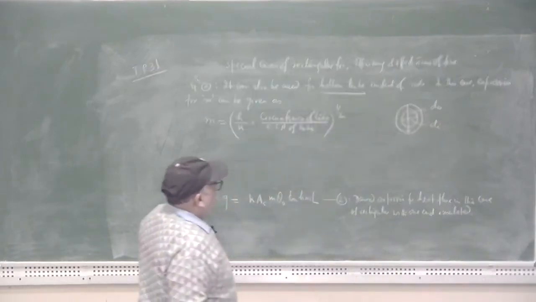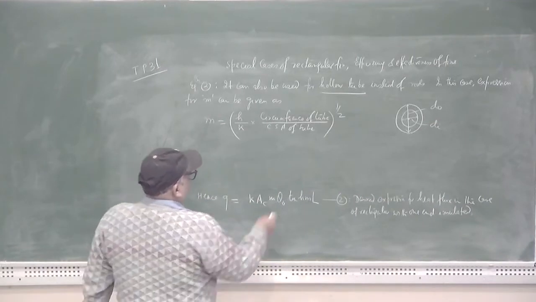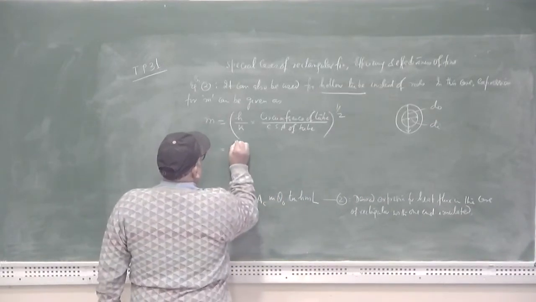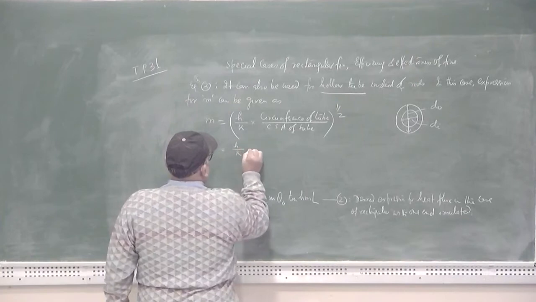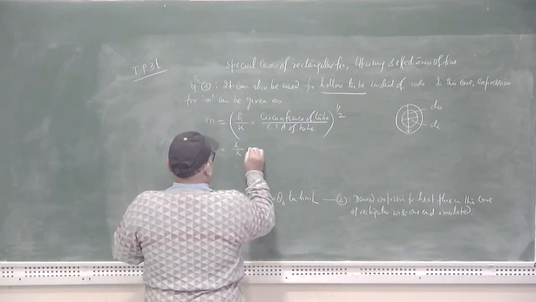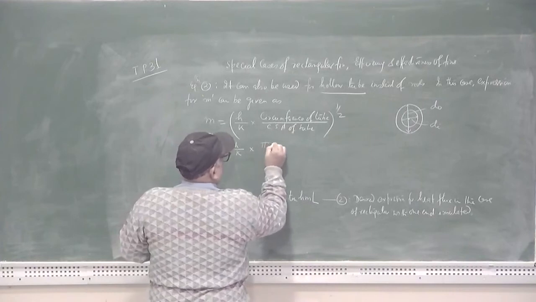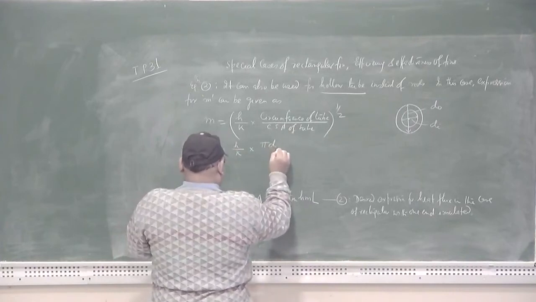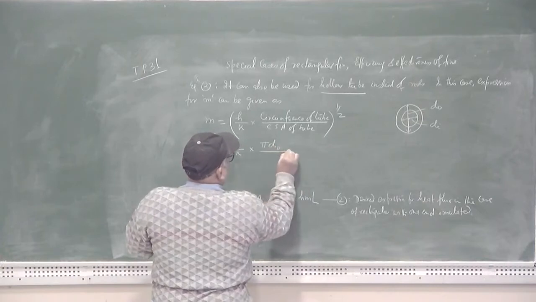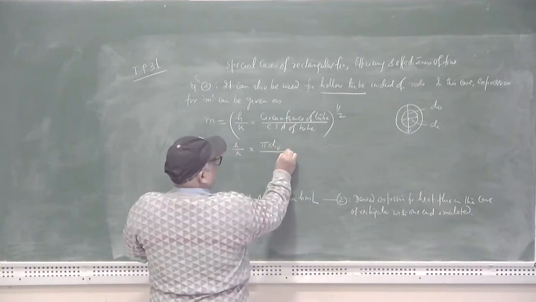So, m can be written as h upon k into circumference of the tube, that is pi d naught, divided by cross sectional area of the tube.